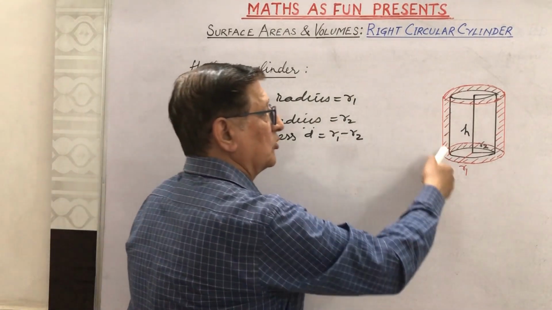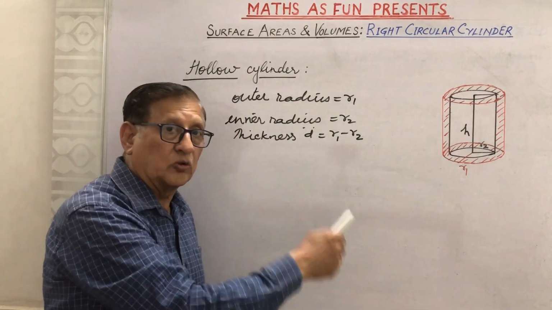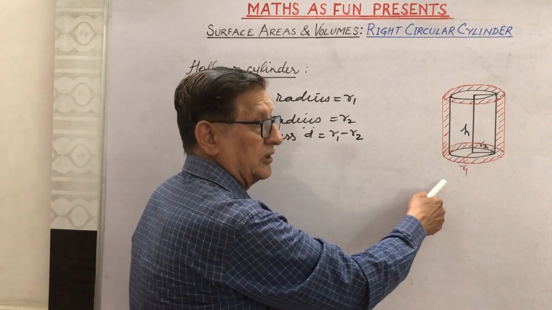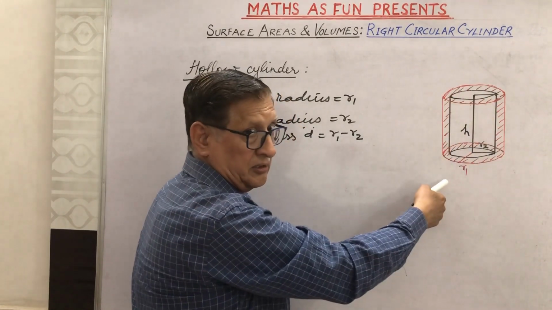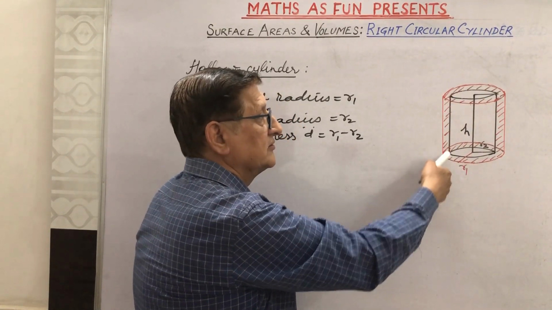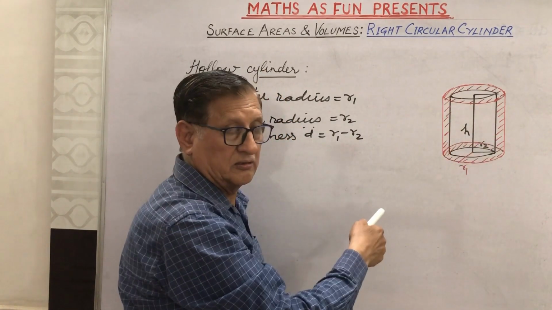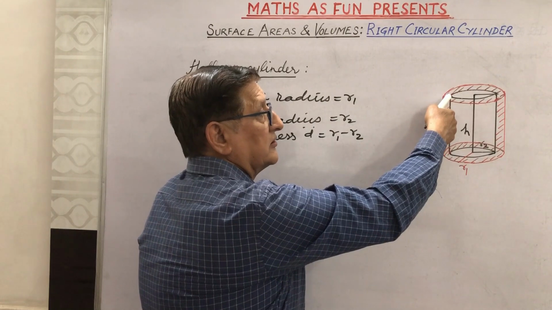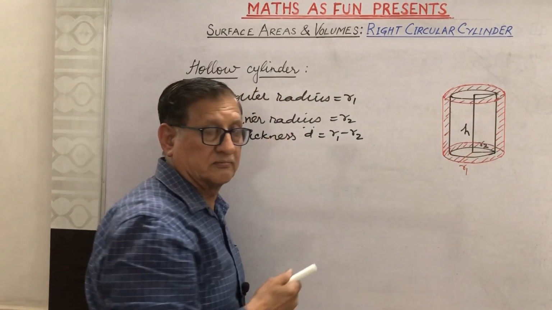If we want to find out the total surface area of this, in that case, the total surface area will be the sum of the outer curved surface area plus the inner curved surface area, and the areas of two rings.